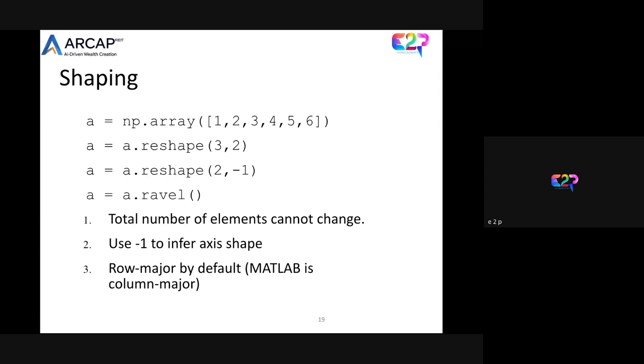The third is manipulation. We can create arrays using ones and zeros, and we can also broadcast. First, we'll execute the examples we have seen, then we'll cover the next topic.